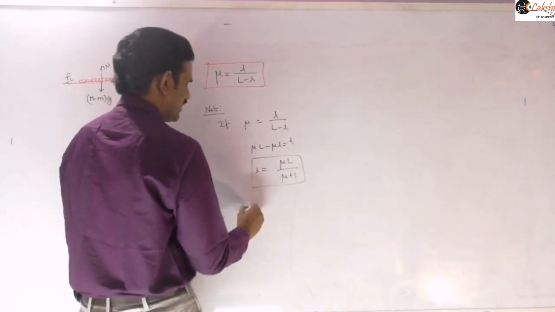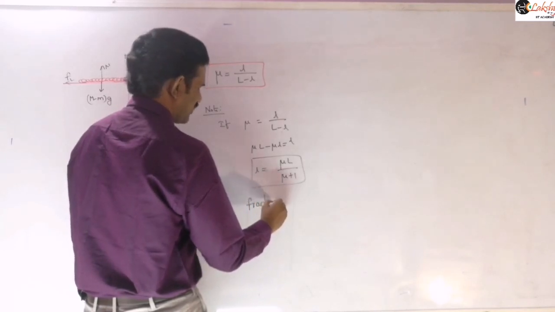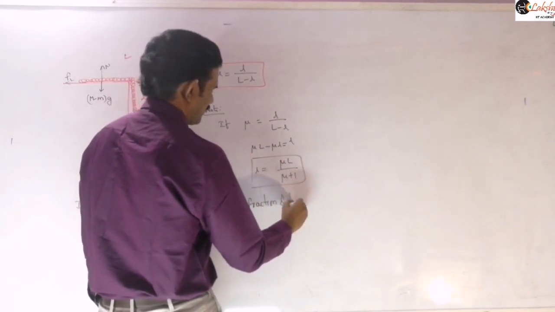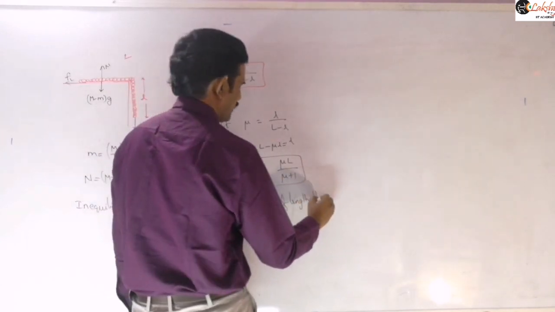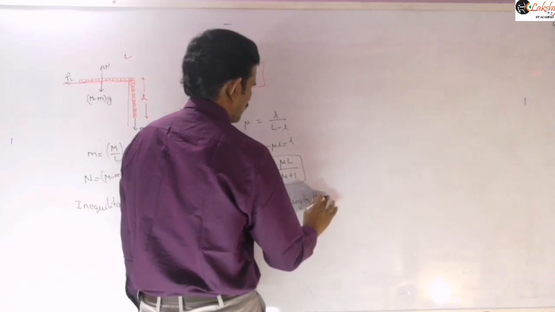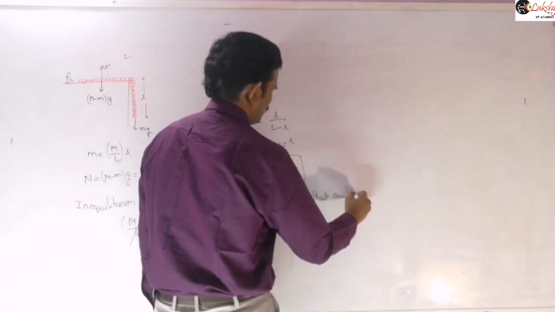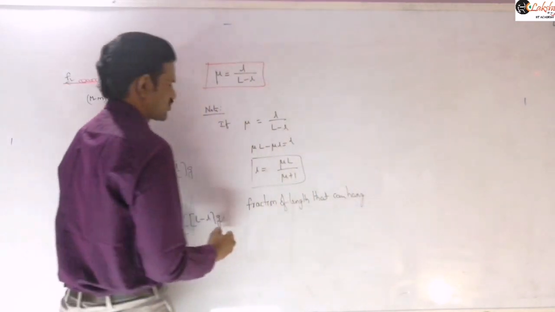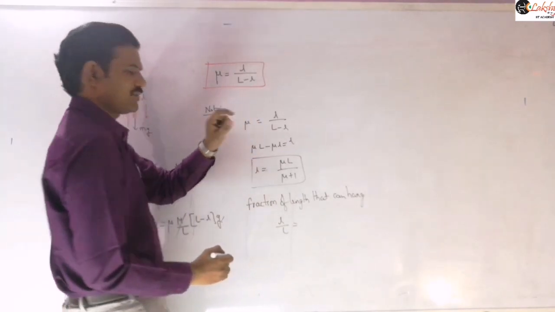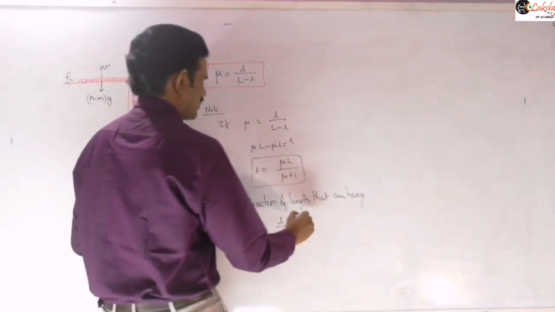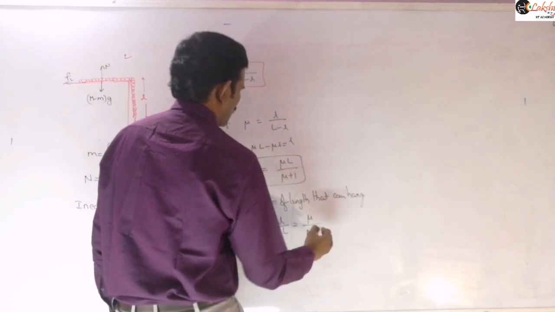And here they will ask the fraction of length that can hang. Fraction of length that can hang means the length of the part hanging divided by L, so this value will be mu by mu plus 1.